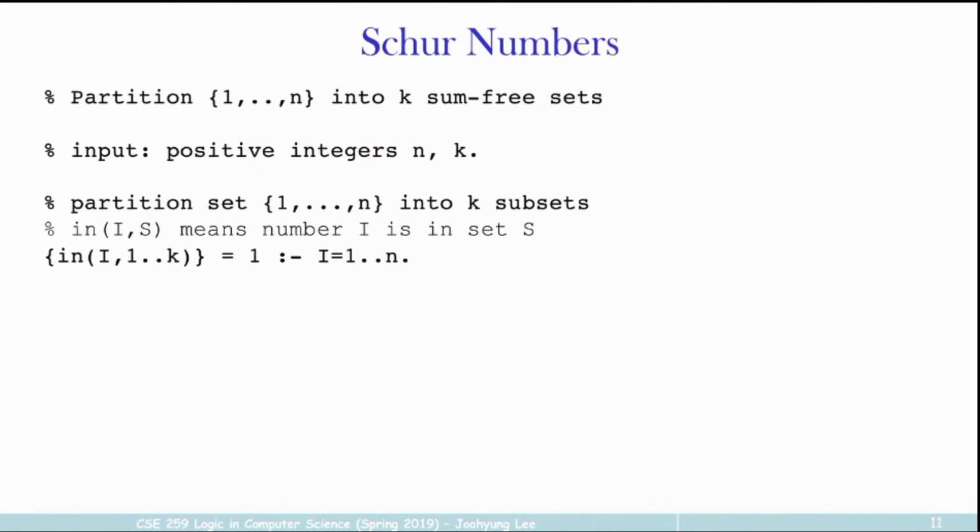The number 1 can be put into one of 1 to 3, so there are 3 choices for number 1. Also 3 choices for number 2. The number 2 can be mapped to one of 1 to 3, and same for 3 and so forth. So each time you have 3 times 3 times 3, until 13 times. So the answer is 3 to the power of 13.